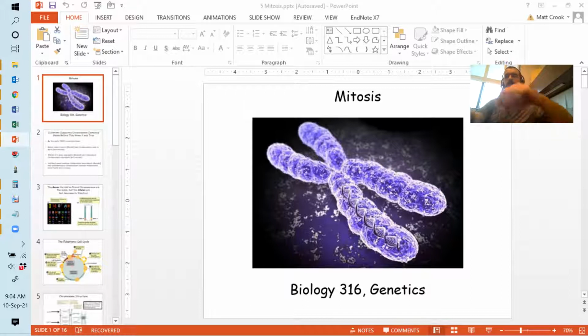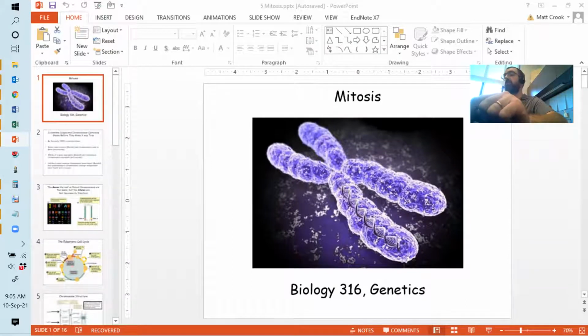So cell division is the growth, DNA replication, DNA division or partitioning, and cytoplasm partitioning of the cell.